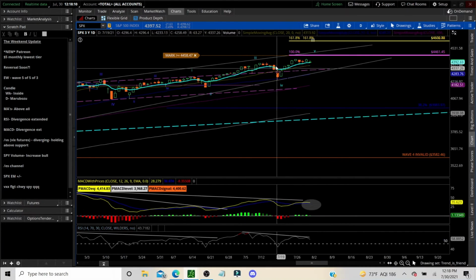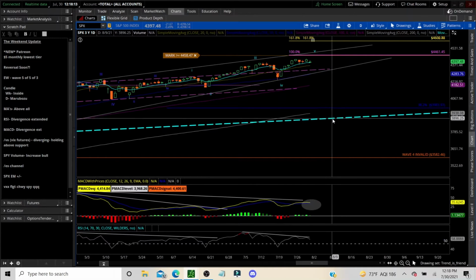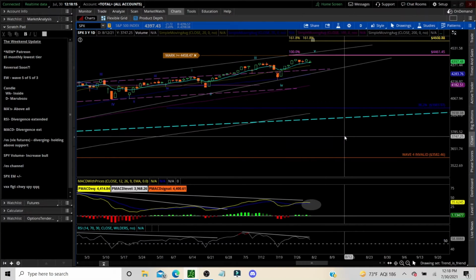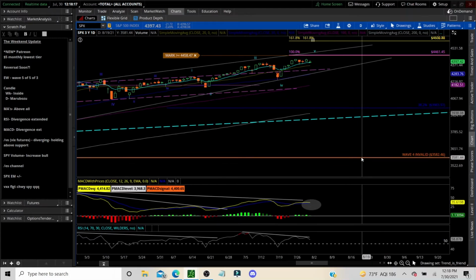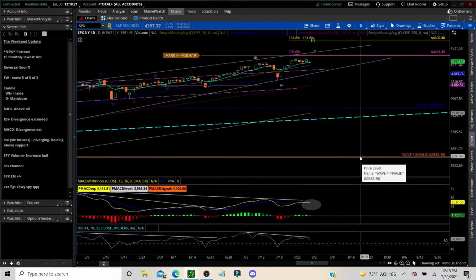We may have had 5 of 5 of 5, where we're going to have much lower price action, but we don't really invalidate any of that wave 4 until we get down underneath the 3882 area. We'll call it the 3580 area.